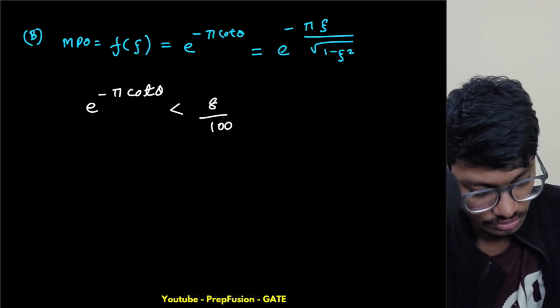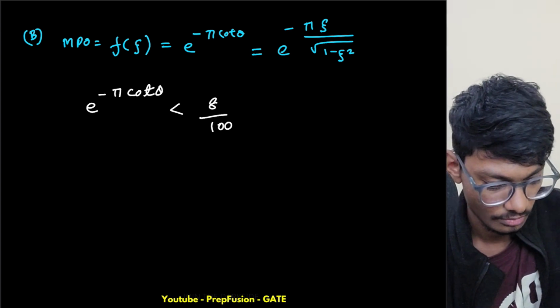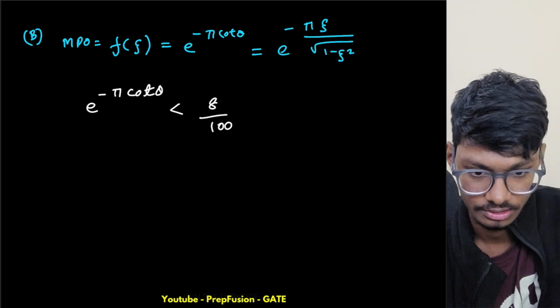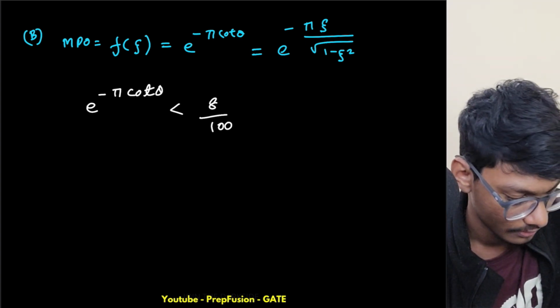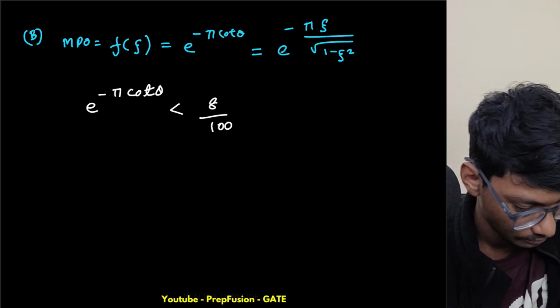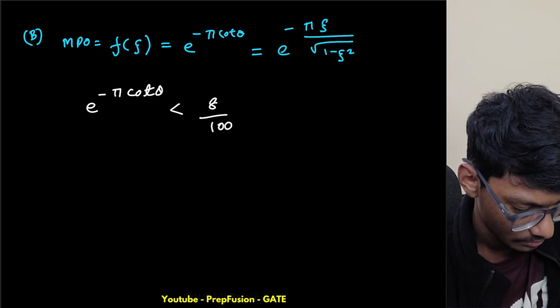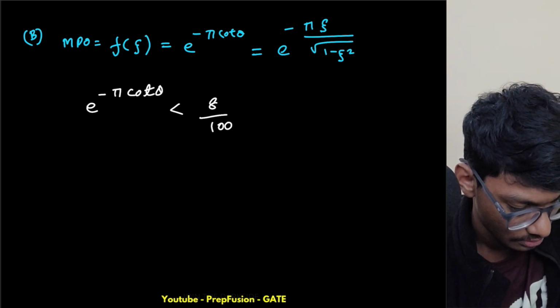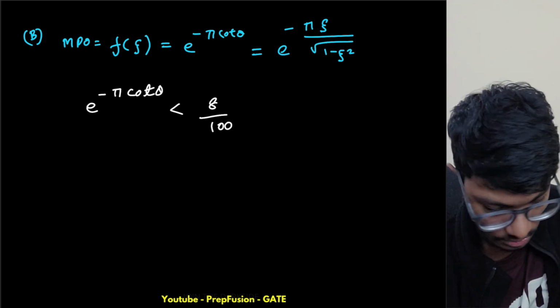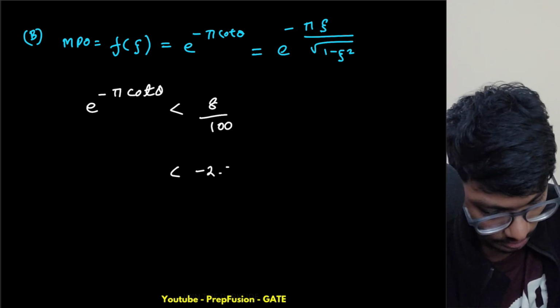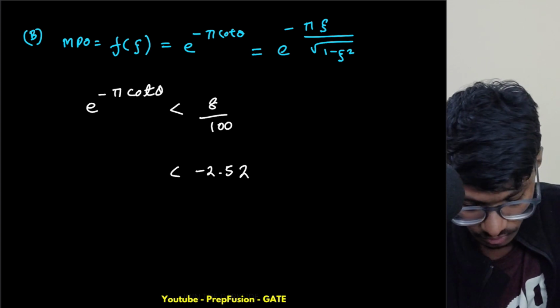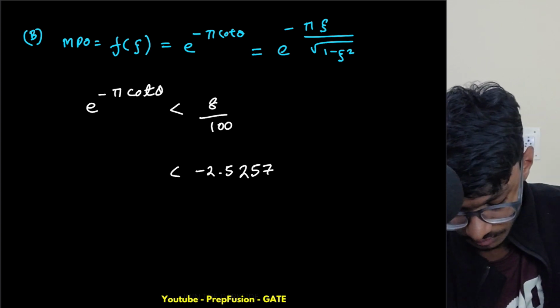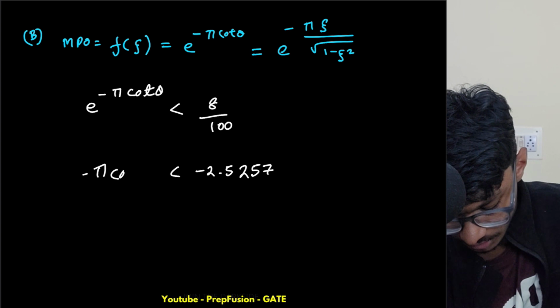So I will just use the logarithm on both sides. If we just use the logarithm on both sides, what will happen? Ln of 0.08 is minus 2.5257, and on the other side minus pi cot theta. Don't forget the minuses.